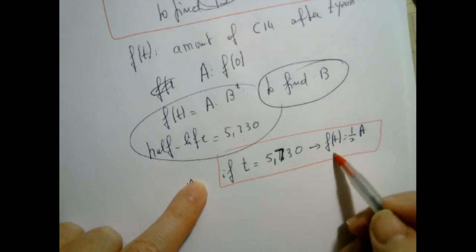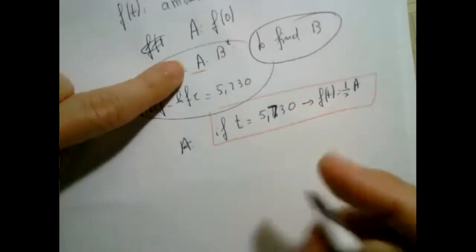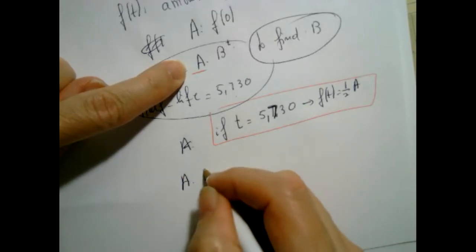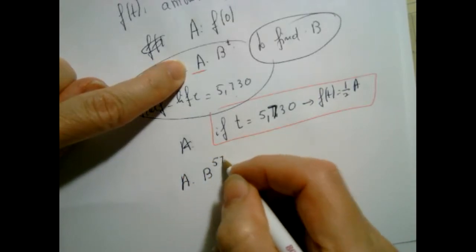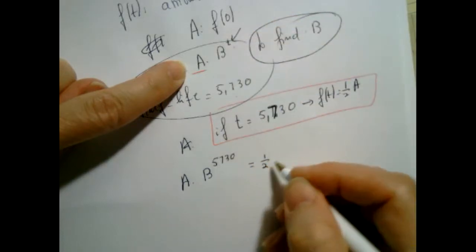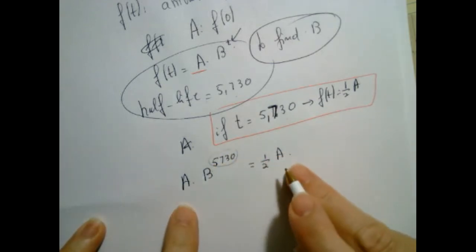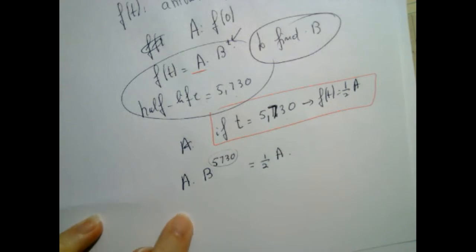If this is the time, the output is half what it started with. In terms of the formula, if I plug in 5,730 for t, the output is halfway. So the 5,730 is not the amount of carbon 14, it's the time for the amount to become half what it started with. Now I can proceed.